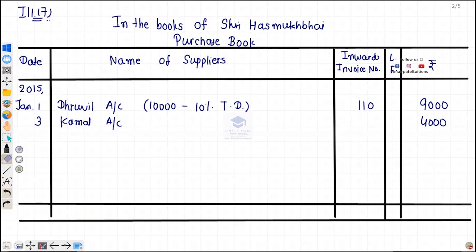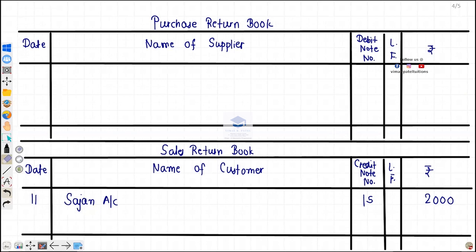So 10% is 900. And we send him debit note number 16.